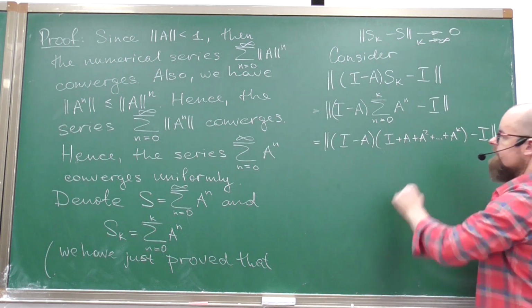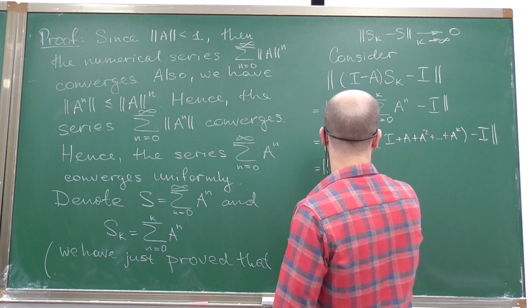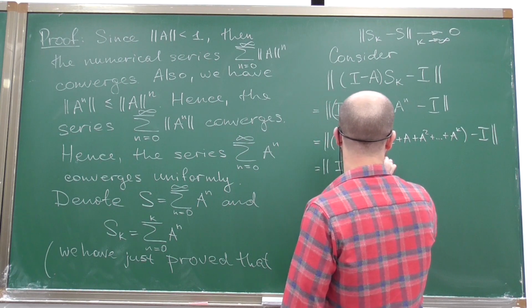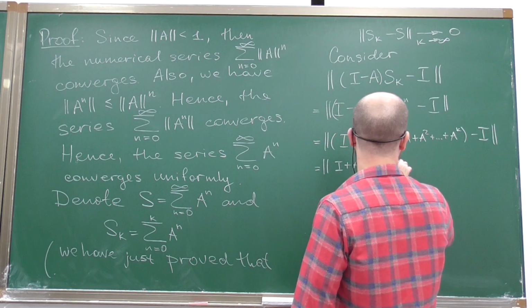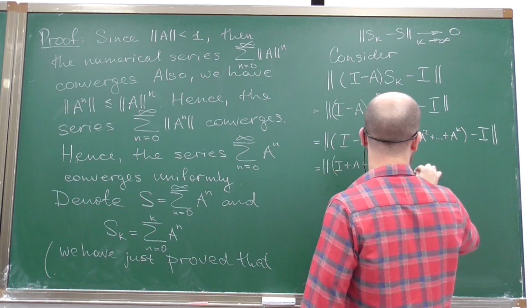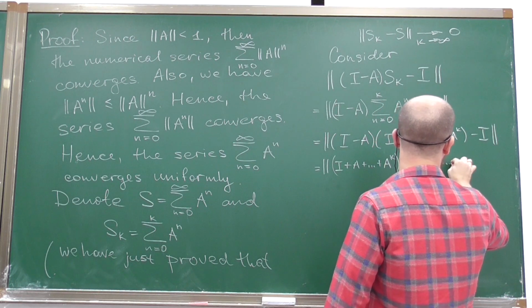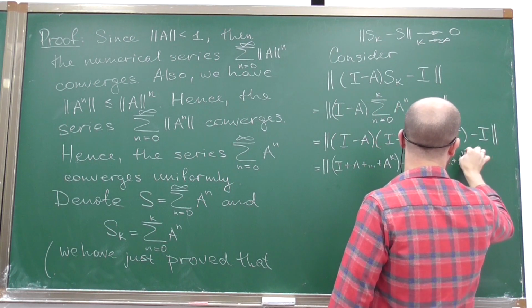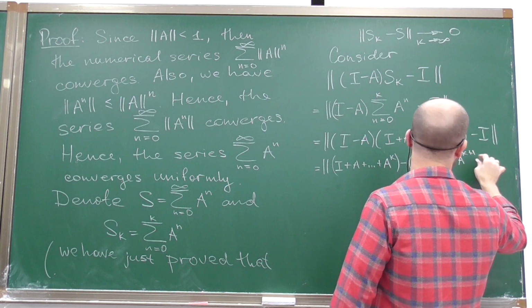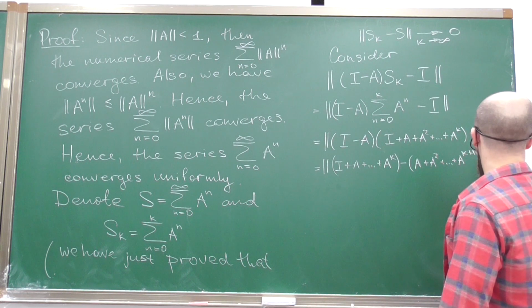If we multiply this now, we will get identity plus A plus up to A to the power of k, minus A plus A squared plus up to A to the power of k plus 1.